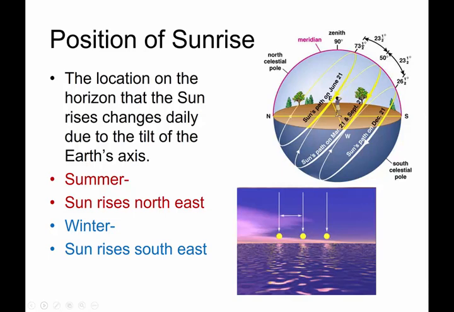Now, the position that the sun rises and the moon rises does change from season to season and month to month. So let's go back to our sun a little bit. As we talked about in the past, in the summer, the sun rises the furthest north it is going to get. At summer solstice, June 21st, the sun is going to rise the furthest north on the horizon.